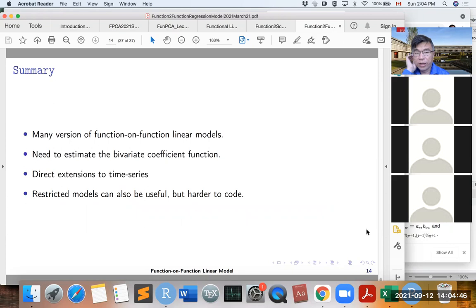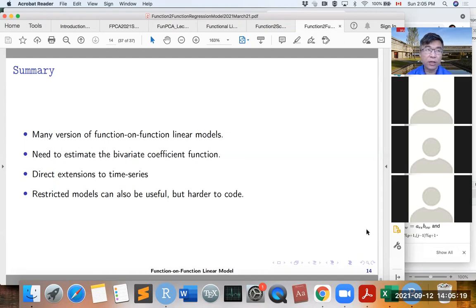So here is a summary of function regression. You can see that for function regression, we have many model versions available. It depends on what your application looks like, and what kind of assumptions you want to make. So function regression models can be very general and very different. Generally, we need to estimate a bivariate coefficient function, and you can see from the formula it is more complicated.